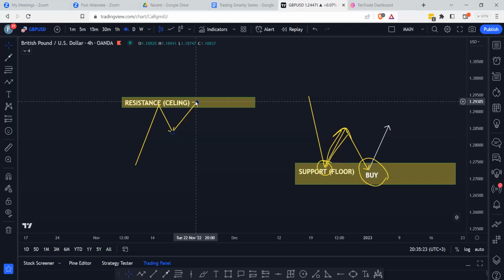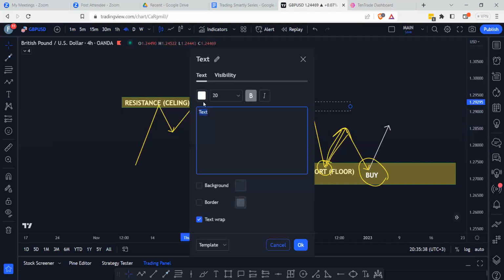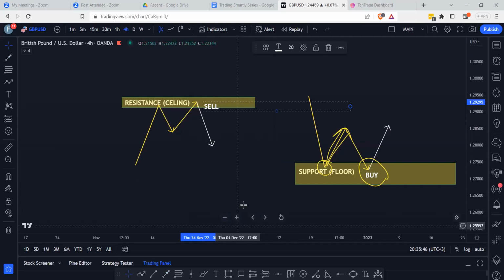Selling. Because in the past, price went down from here. So we sell at resistance, and we buy at support.